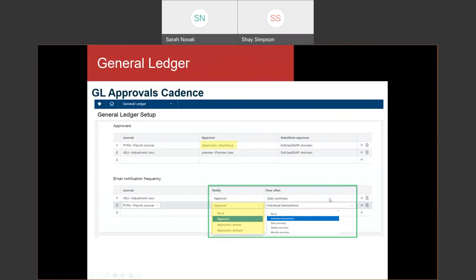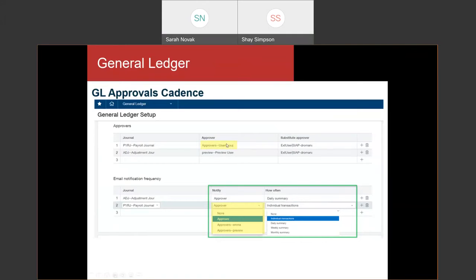This is actually going to allow you to come in and set it based on the approver, none, or the individual approvers. I'm going to walk you through what that represents. And those email notifications can either be daily, weekly, or monthly. For the weekly and monthly, they will come in at the end of the week and or at the end of the month.